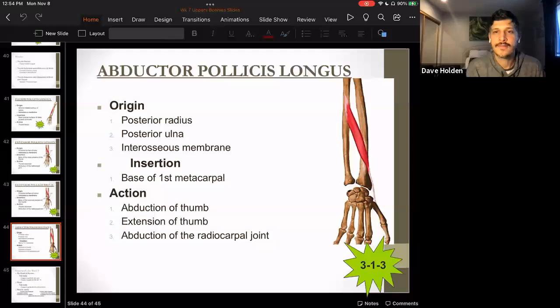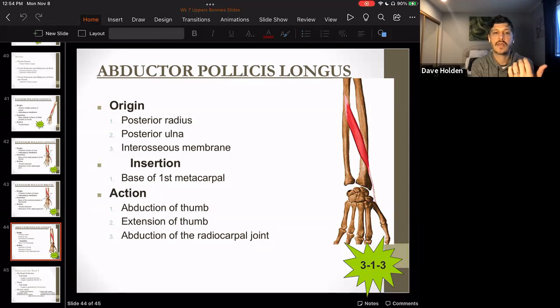All right, last one. Abductor pollicis longus. Abductor tells you it will be abducting something. Abduction will look like this. One more time, like this. Origin: posterior radius, posterior ulna, interosseous membrane.